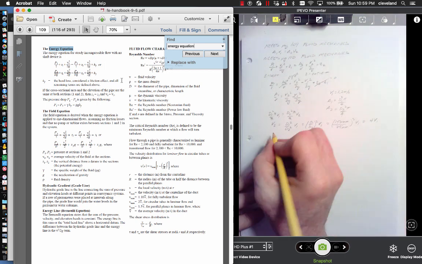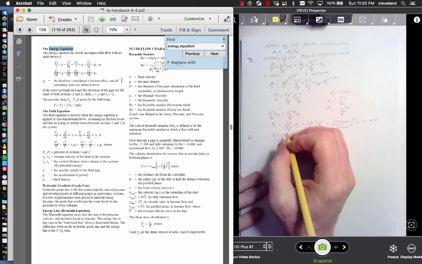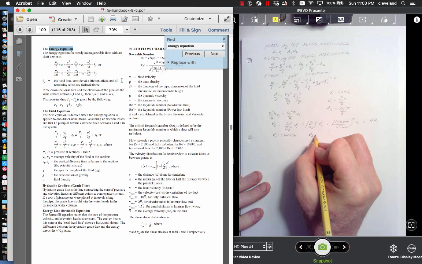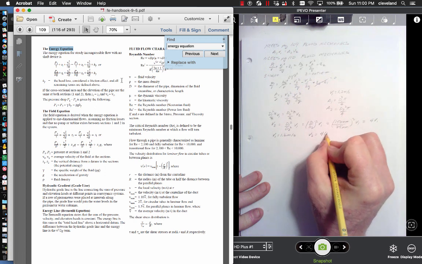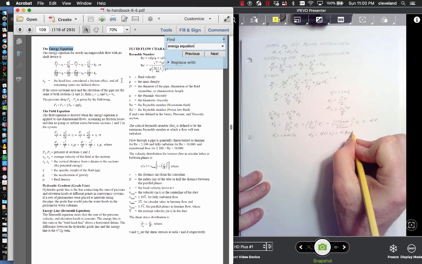So we'll substitute in the numbers. V1 is 1.2 meters per second. V2 is 4 times 1.2, which equals 4.8 meters per second.